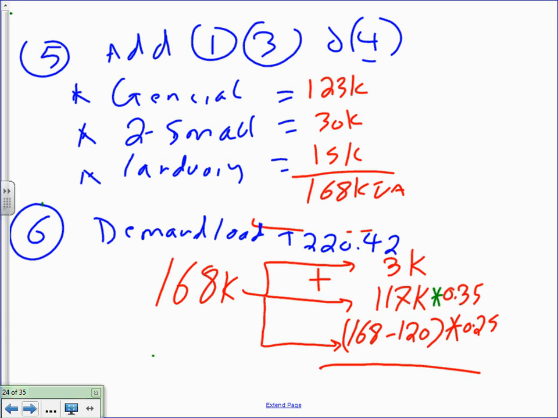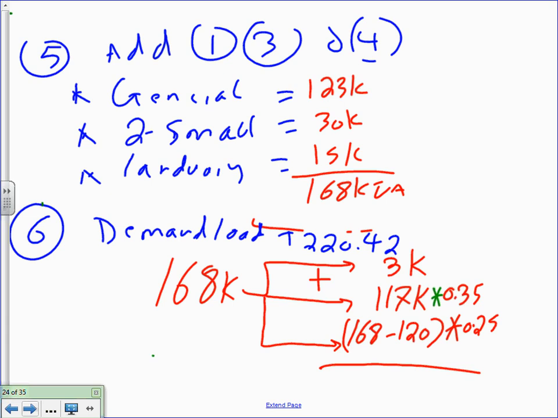Let me repeat myself. The first 3K, leave it alone. The next 117, cut it by 0.35. Then anything higher than 120, cut it by 0.25. Everybody understand what I'm doing here? The first 3 and the next 117 almost always stay the same, 99% of the time, if you're more than 120. The first two steps are identical for every problem that you have.